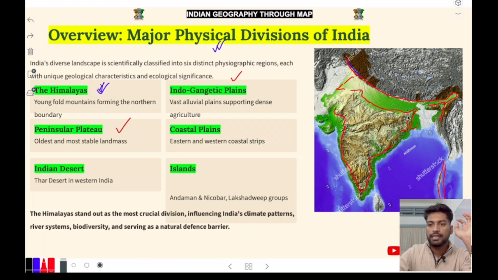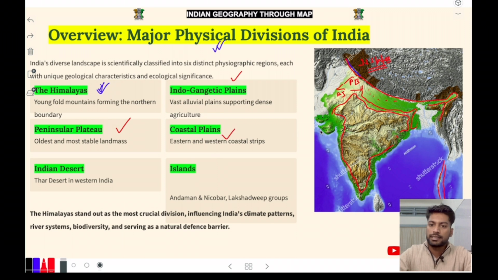So you can get an idea which are the states of plateau, which are the states of plain and which are the states of Himalaya. Himalaya consists of 11 states. Okay, and let me know in the comment section which states they are. Then the Indian plain will be Punjab, Rajasthan, Haryana, Delhi, Uttar Pradesh and all, we'll see later on.